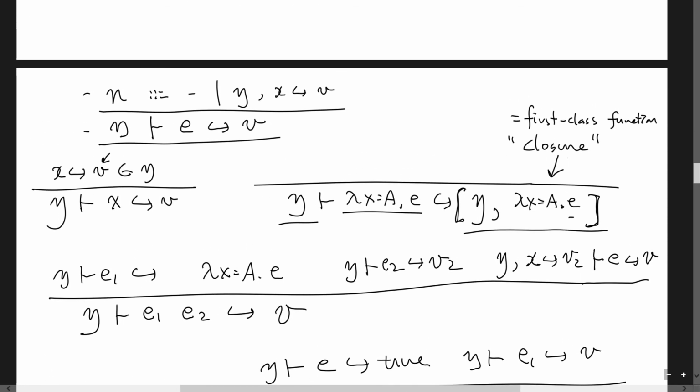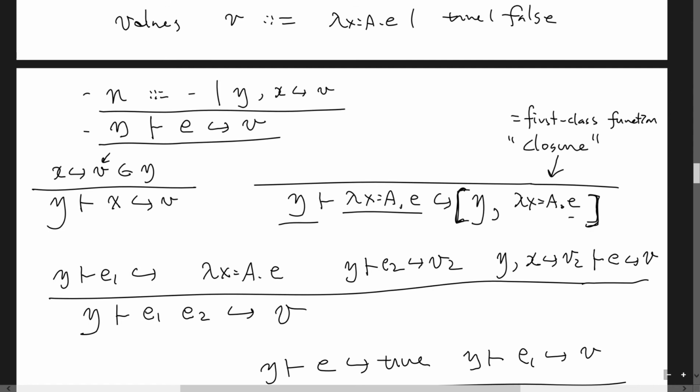So previously, values V had this lambda abstraction and true and false. Now, there is this new form of value, closure, which is a pair of this environment and lambda abstraction. So this is environment paired with this lambda abstraction.